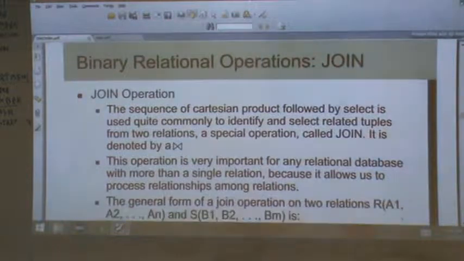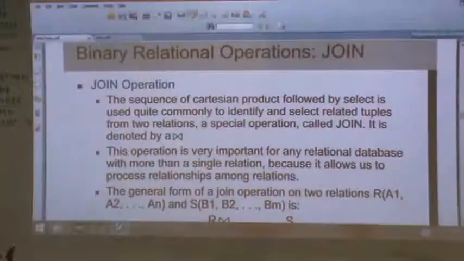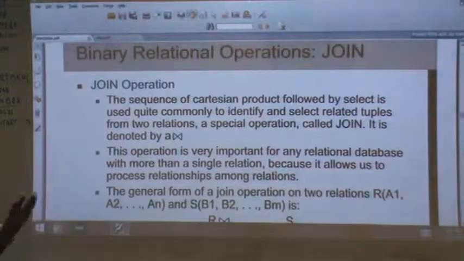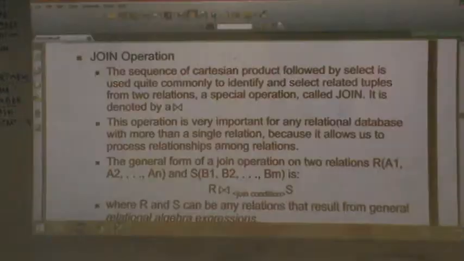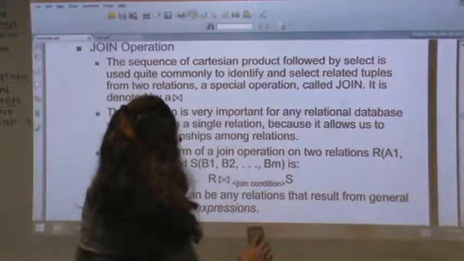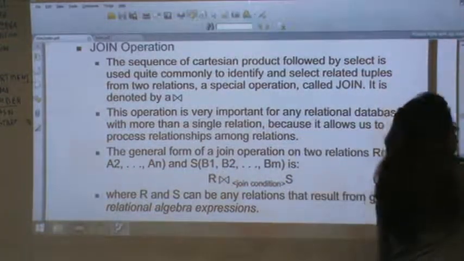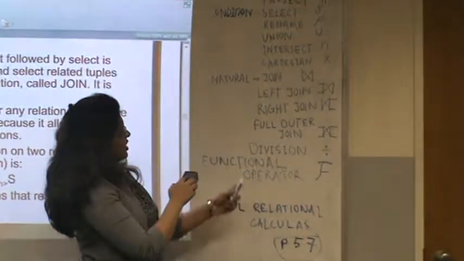Now, the very complicated stuff is join. Join looks easy because it's very similar to cross product, but it's very confusing. In join, you can see a lot of classifications called natural join, left, right, full join, and kind of division.